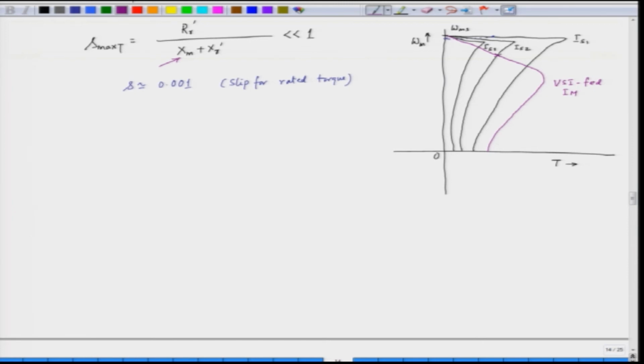So, this is the operation which corresponds to the rated value of flux. So, we understand here that if we want to operate at a rated value of flux for a CSI, the characteristic lies in the so called unstable region of the CSI, because the CSI characteristic is this one.